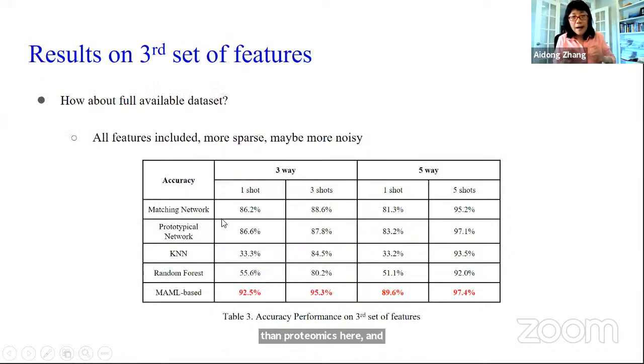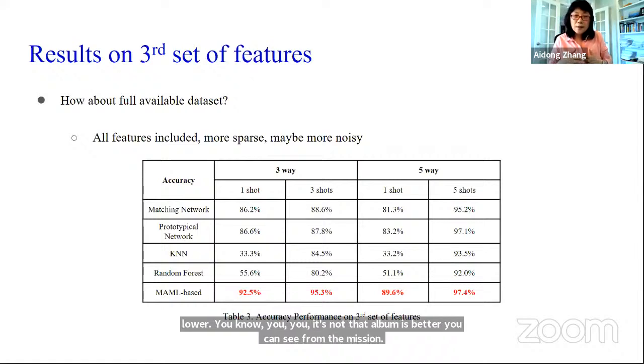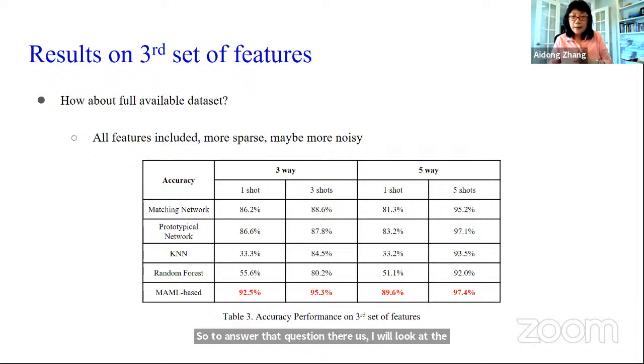And then we combined all the clinical, proteomic, and RNA data. This is the result we got. And you can see the performance is slightly lower. It's not obvious, but you can see from the ratio. So to answer that question, we look at the data, and there are some noises in the whole data sets.